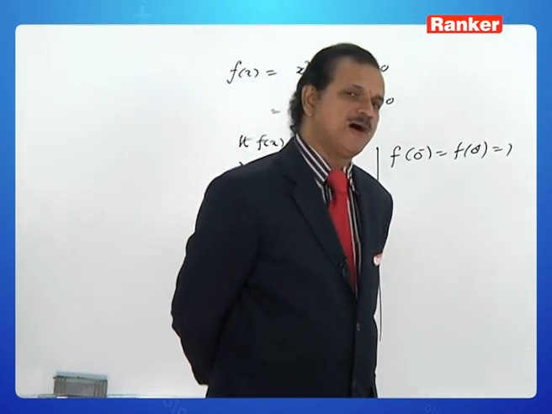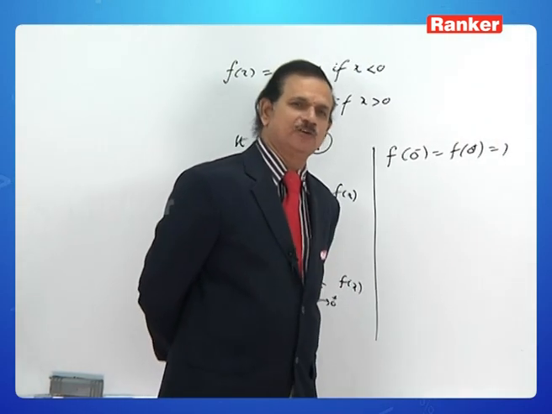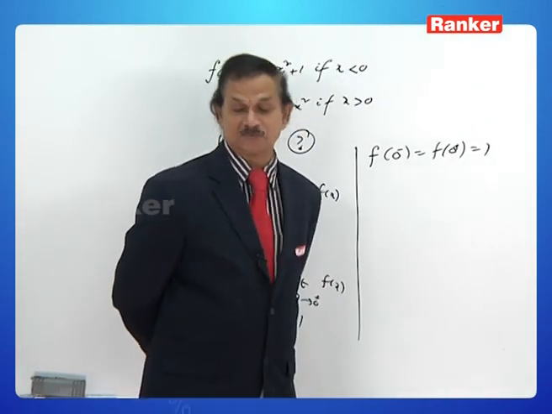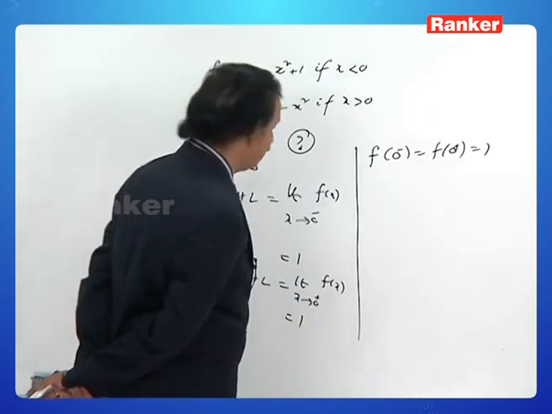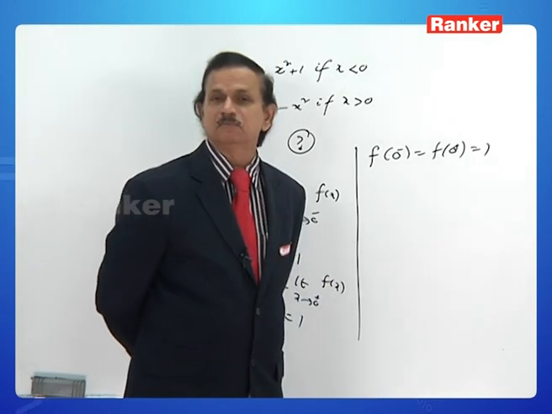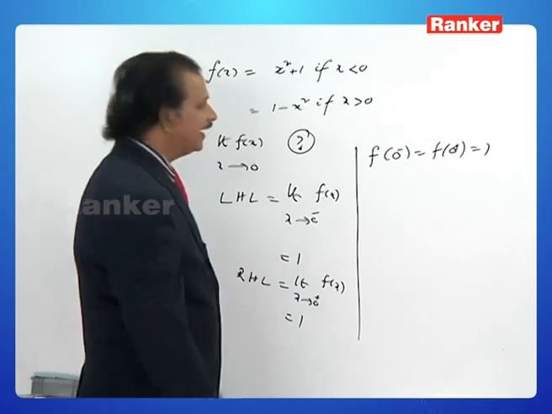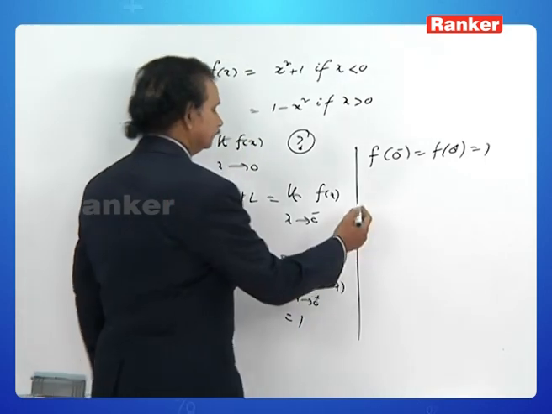We need not bother about whether the function f is defined at x equal to a or not. We have seen here that the function f is not defined at x equal to 0. Even then, limit of f of x as x tends to 0 exists. The answer is 1.